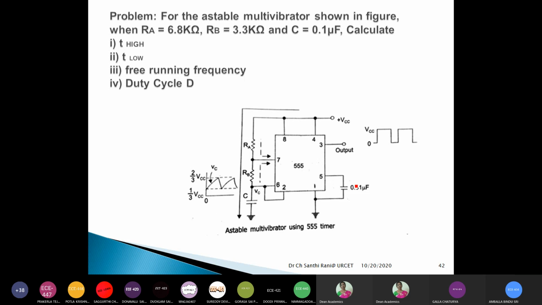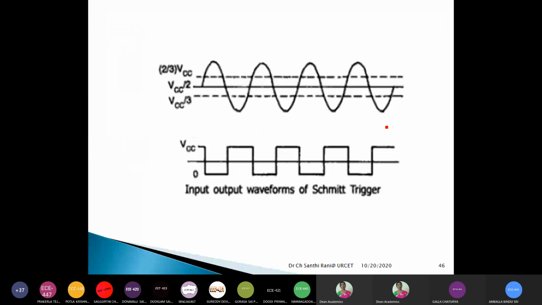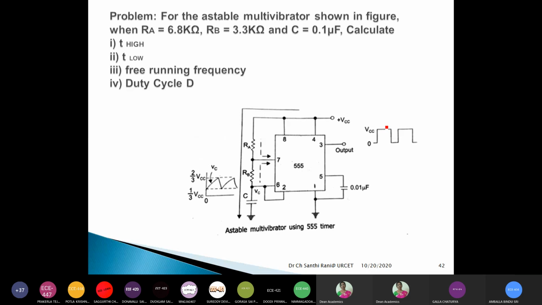In the next class, we shall discuss the Schmitt trigger and the question bank from this part of unit 4. Otherwise, if you want to do this problem later, we can complete this Schmitt trigger also. The Schmitt trigger is also a very simple concept. Anyhow, it is given as an essay question for you in the examination.